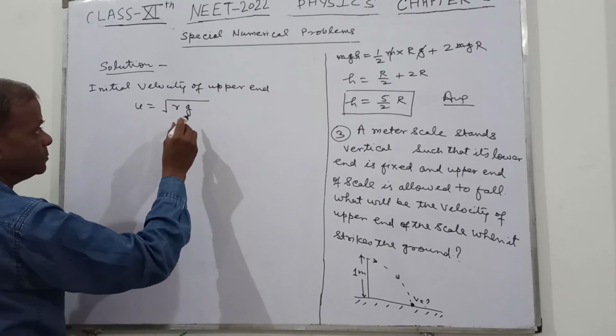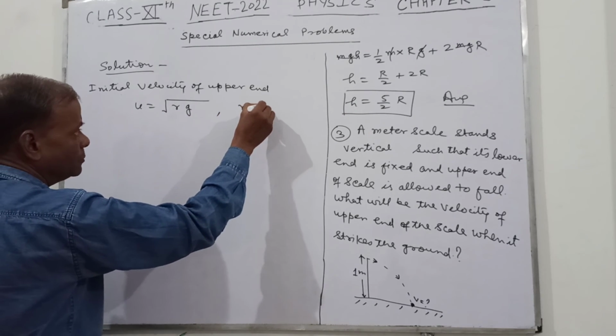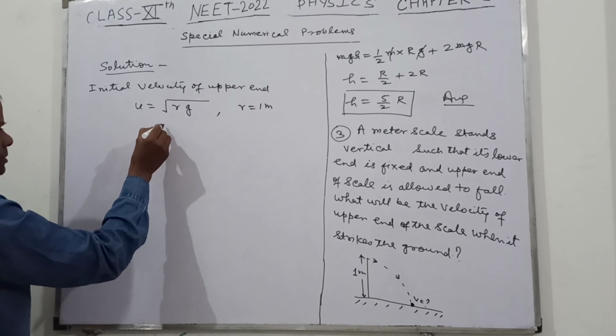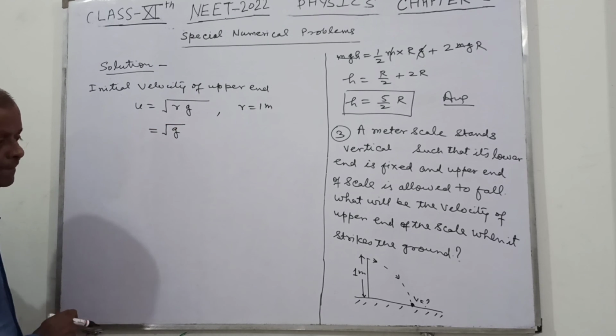This we know. Here r is equal to 1 meter, so this is square root of g.